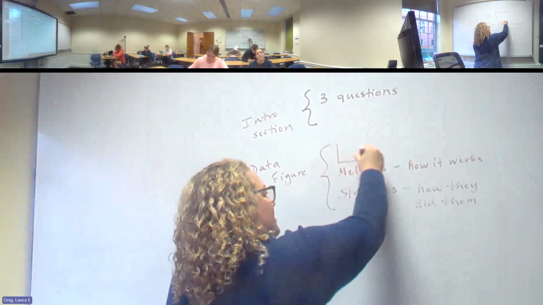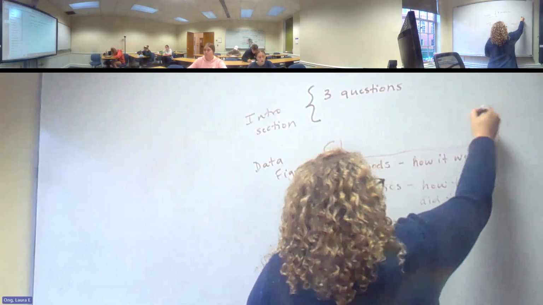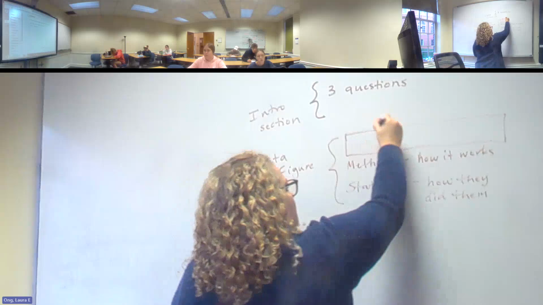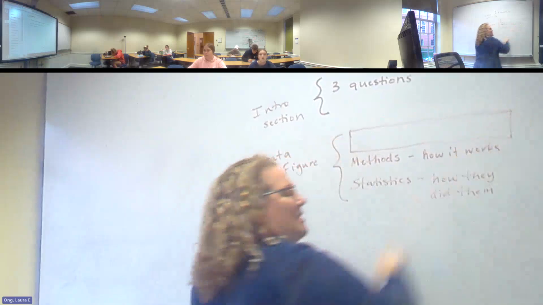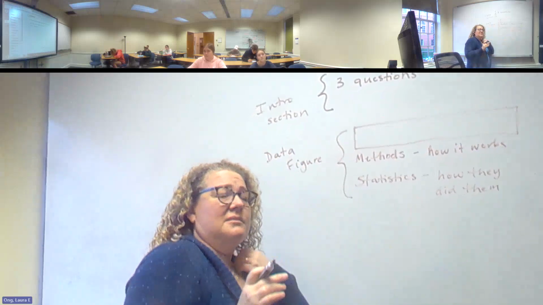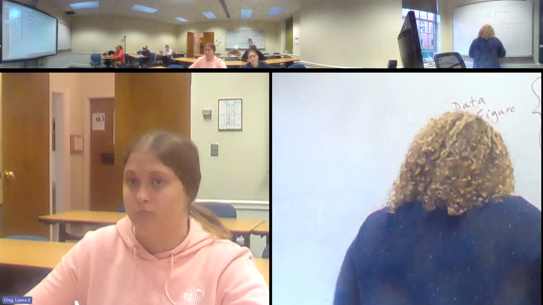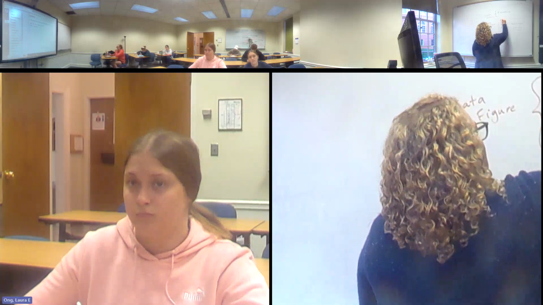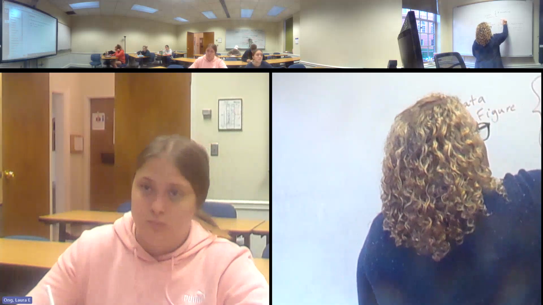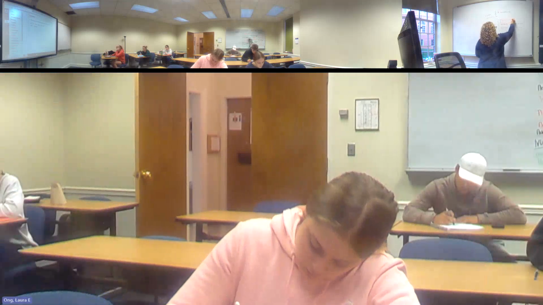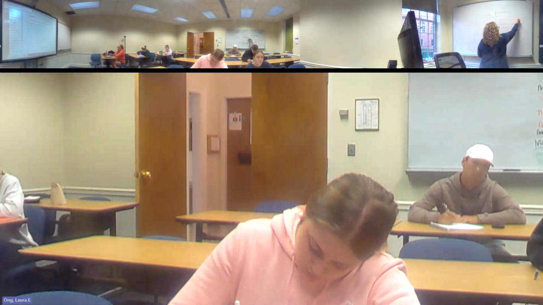So what's left, and what needs the most decision-making and thinking from you guys, is how do you take the abbreviations and the particulars of the experiment and describe that to somebody?